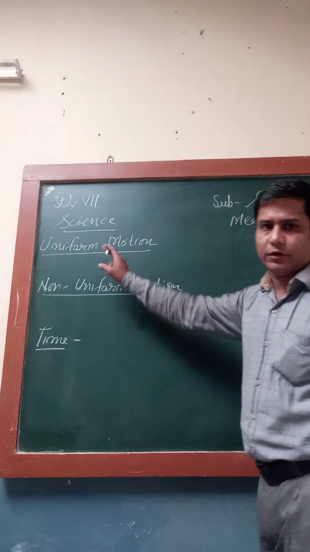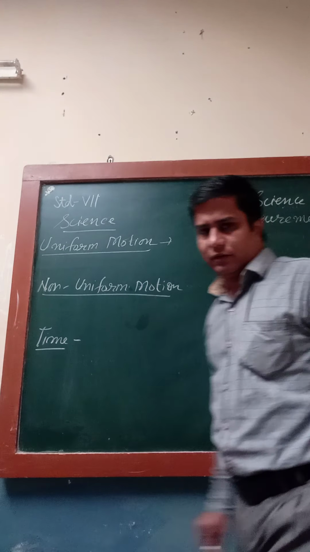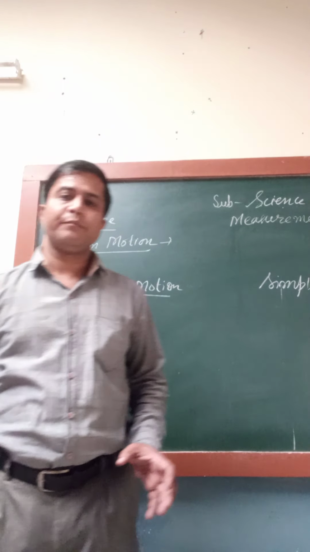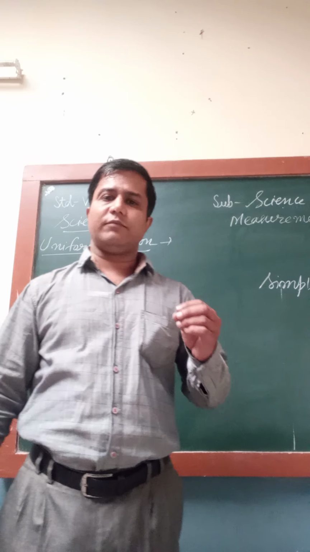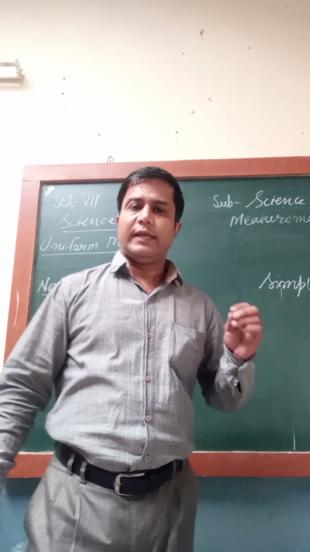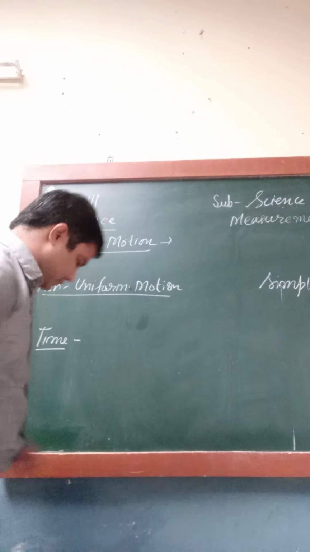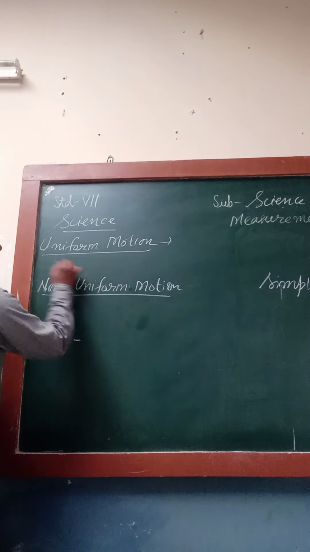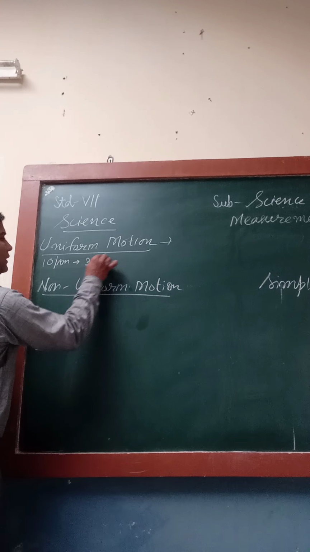So with the continuation of uniform motion, as we have read, if any object is traveling in a given interval of time with a particular speed, it is covering the same distance in each and every slot of time. Just say a car started at 10 a.m. and covered 30 kilometers.